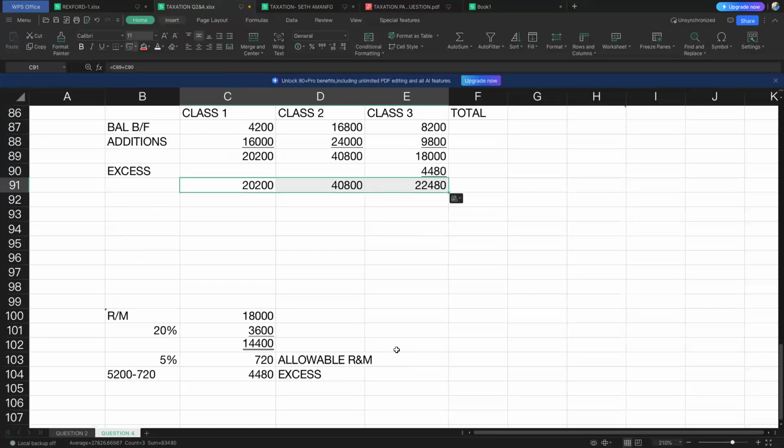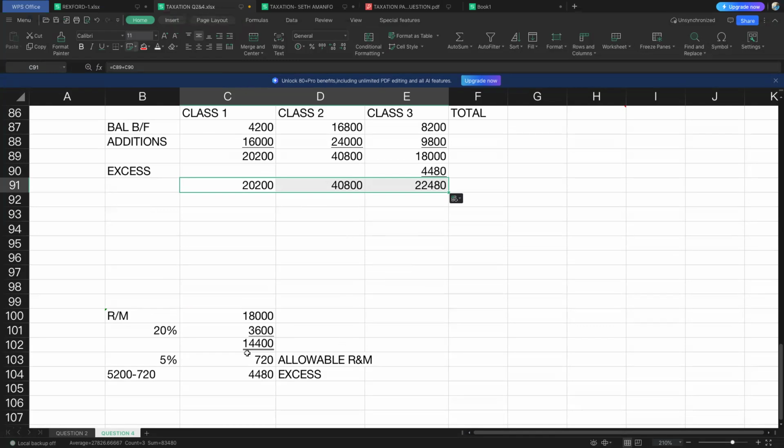Please, do you understand up to the point we have gotten to? How we got the allowable repairs and maintenance, how we got the capital allowance we are doing now. Are you okay?